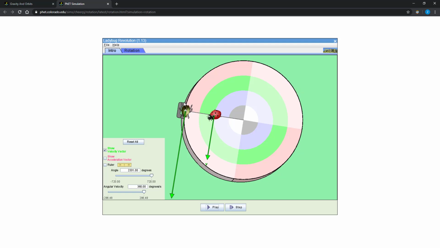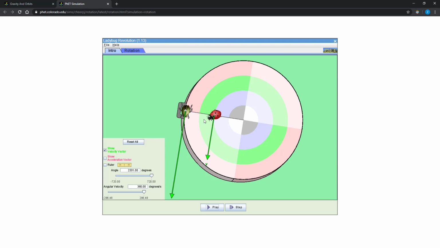The radius is twice as large, so the circumference is also twice as large. You have to cover twice the circumference if you're twice the distance away in order to stay in sync with the same exact rotation per second. Right? That makes sense. Your linear velocity will be proportional to where you are compared to the center.